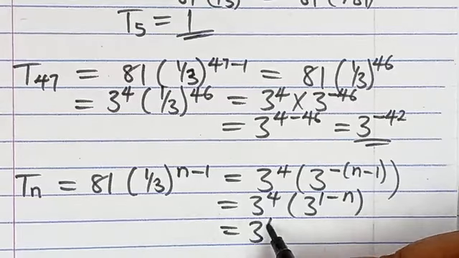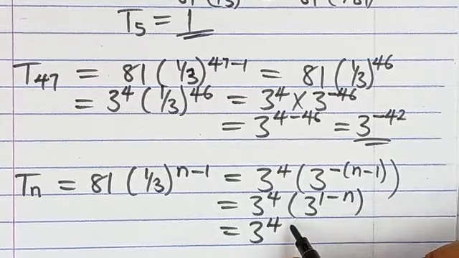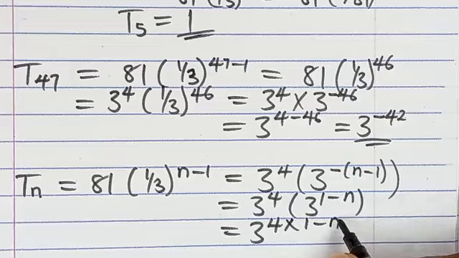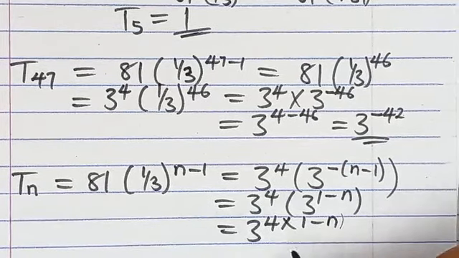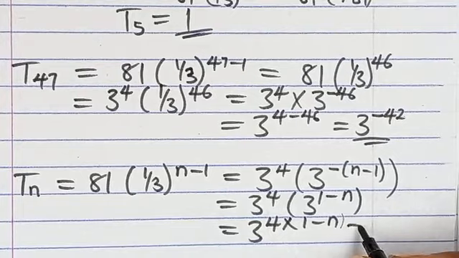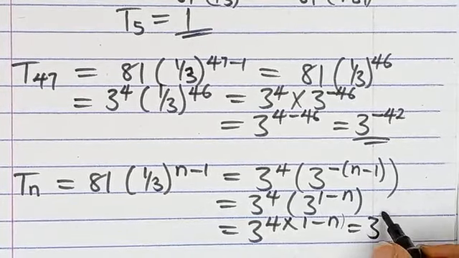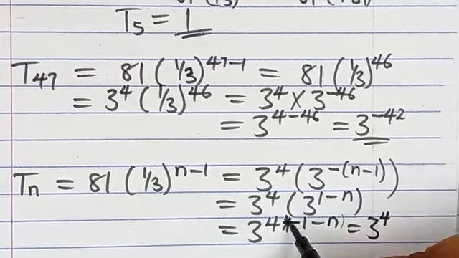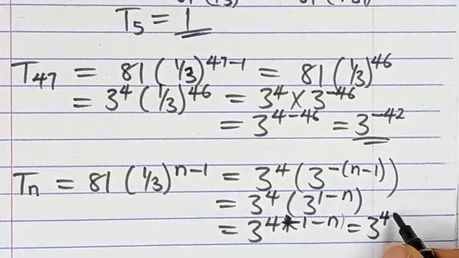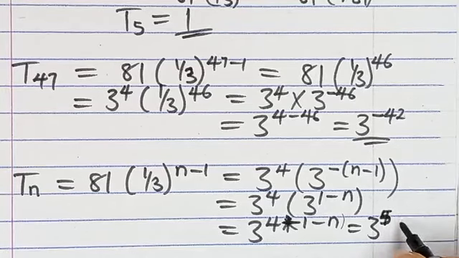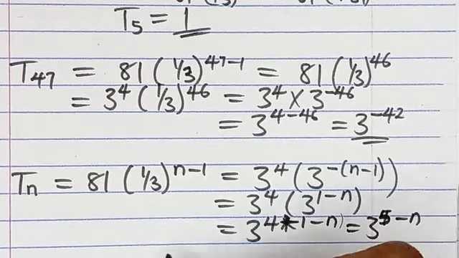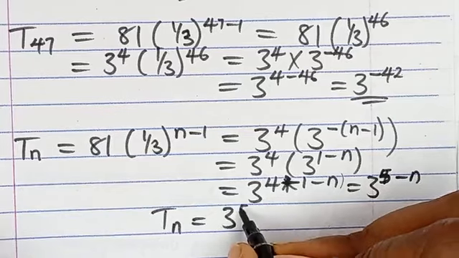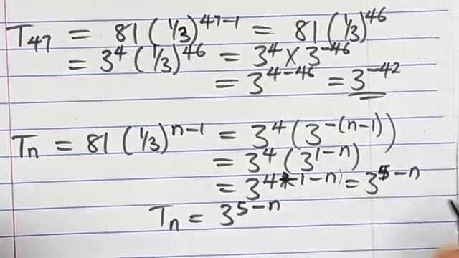We have 3 raised to power 4 times 3 raised to power 1 minus n. It is multiplication, so that's plus, sorry. This is plus, not times. 4 plus 1, which is 5, and then minus n. So this is what we have finally, that the nth term of this GP is equal to 3 raised to power 5 minus n, because that's just it.